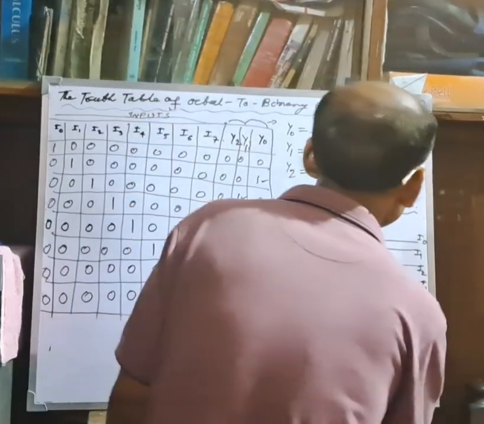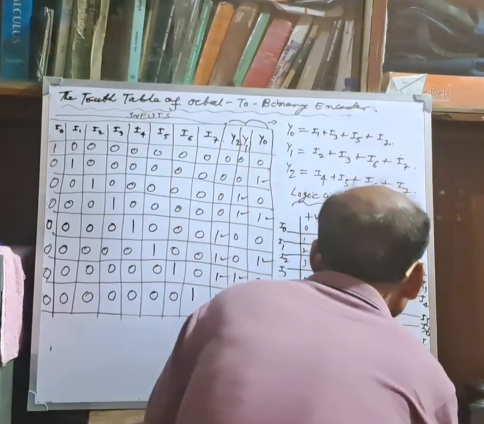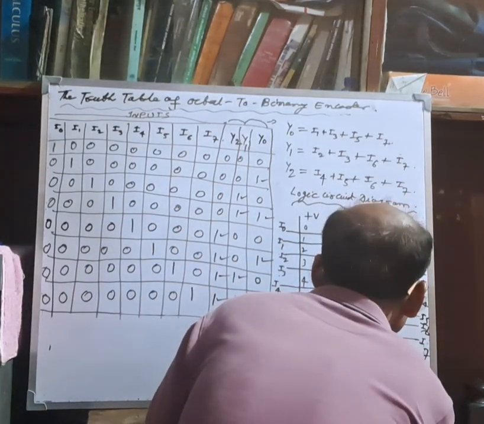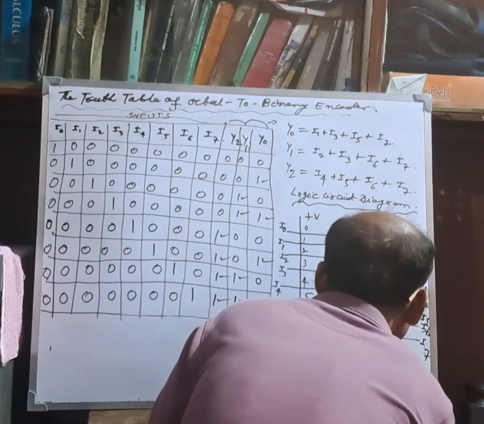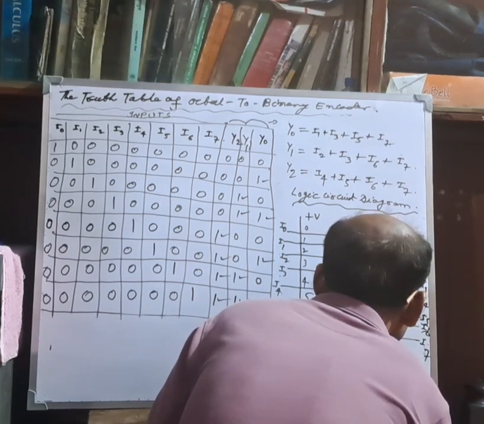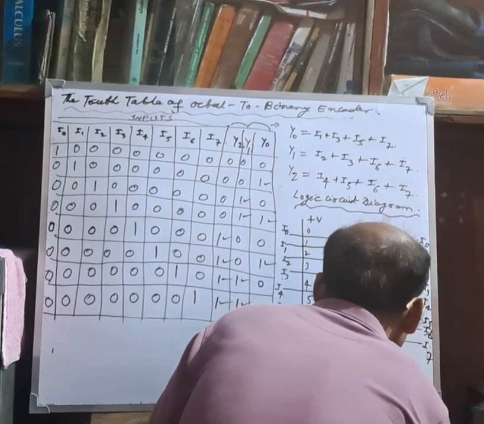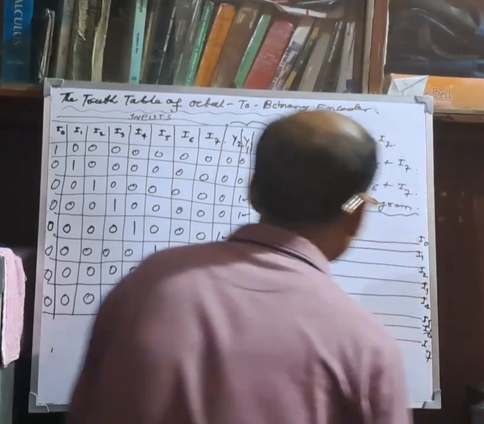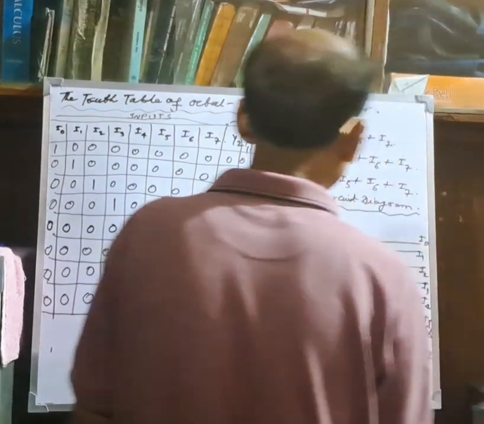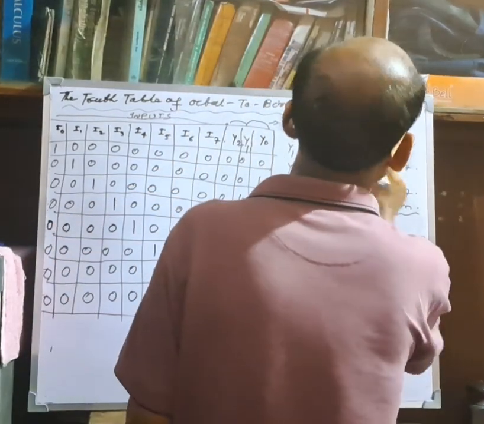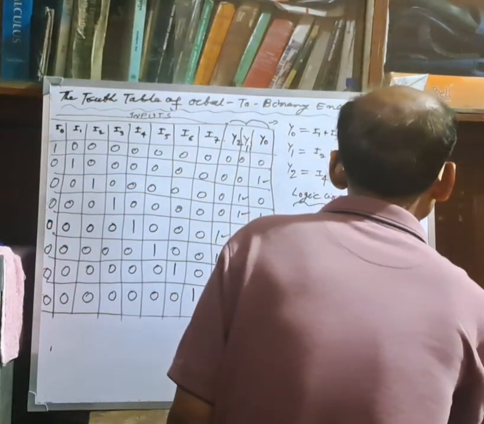I will draw the 3 OR gates here first. First OR gate is here. You just see, because the space is very little, the size of the OR gate is very small, so it is not required to worry here. You just see here, 1, 3, 5, 7.